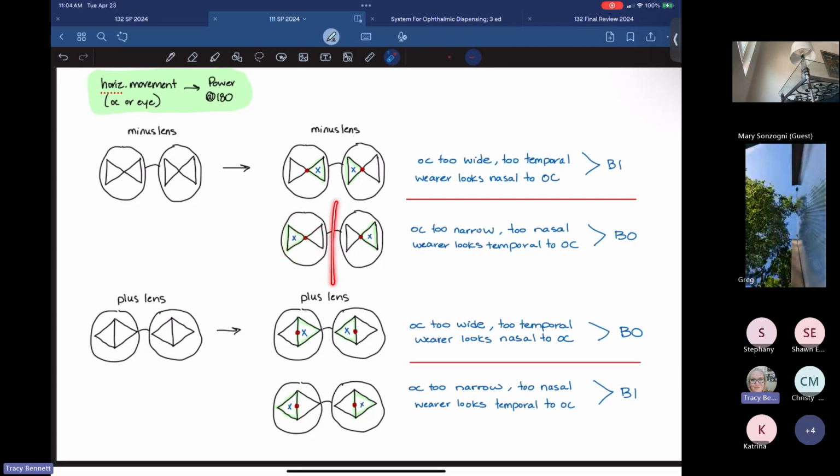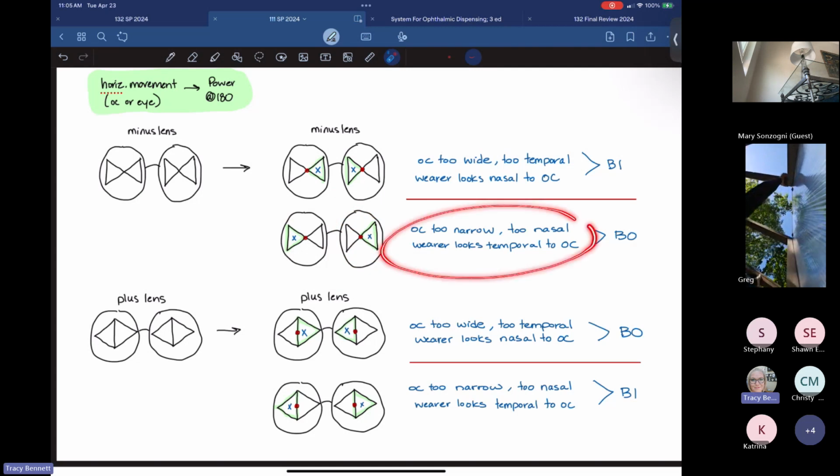And you would do the same thing when you're asked about a left eye. If the OCs are too nasal, then there's my lens, here's my OC, eyes are going to be out there.